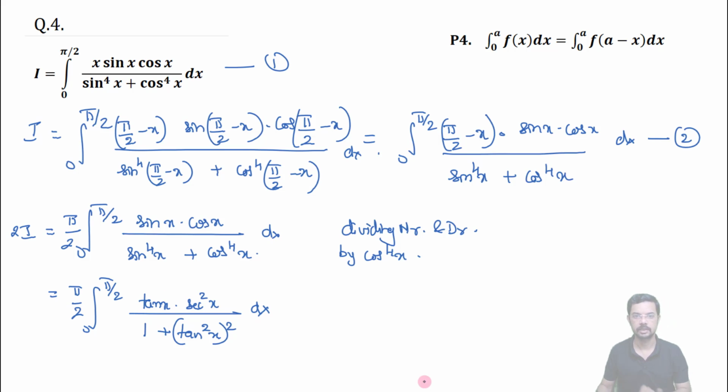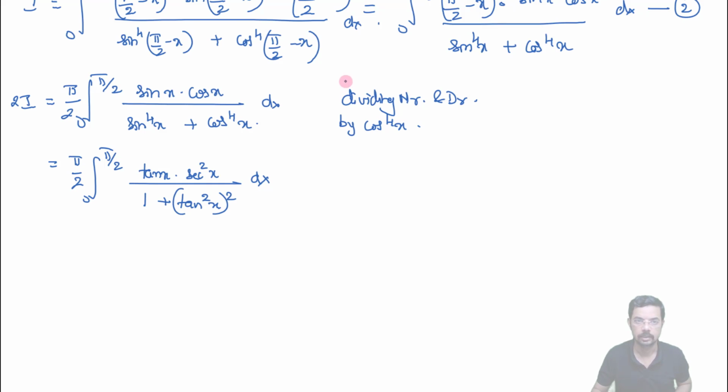Here I will be taking tan square x equal to t. So let tan square x equal to t. So we get 2 tan x into sec square x dx equal to dt.